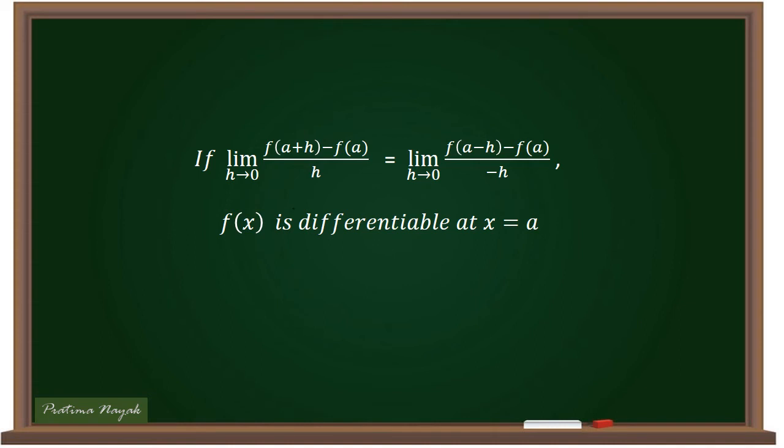Now let us see how the questions are framed on this concept and how we solve the question. Coming to first question. Question number 1. Find whether f(x) = x square is differentiable at x is equal to 2.